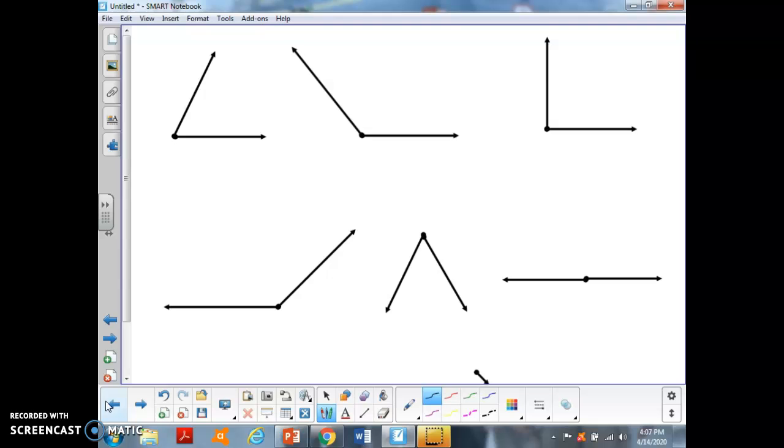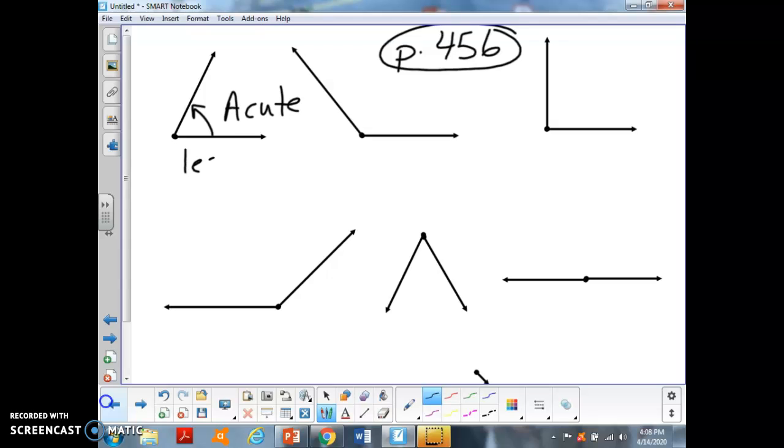Again, you want to look at page 456 to help you do that sheet. Okay? This one, it's less than, and they'll give you the measurement. I don't have it, but this one would be acute. It's less than 90. Like I said, they'll have measurements for you.